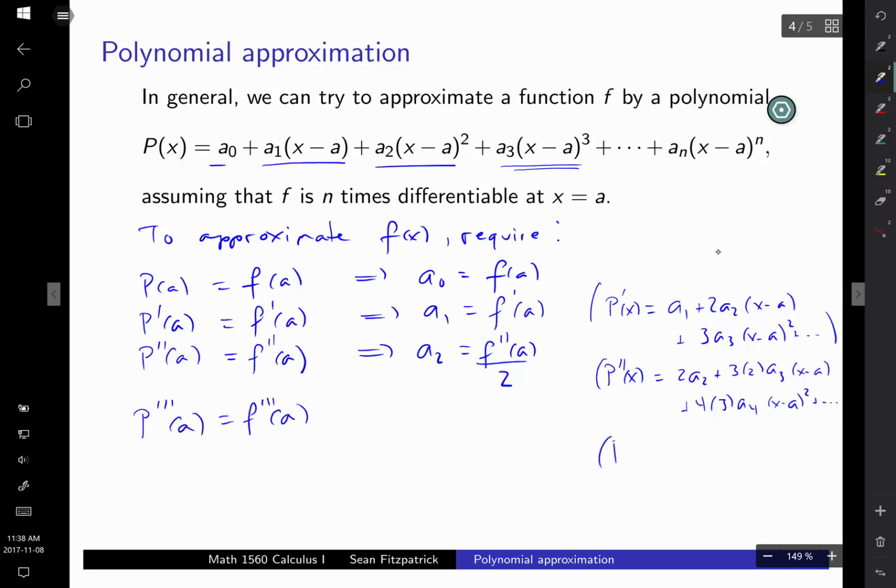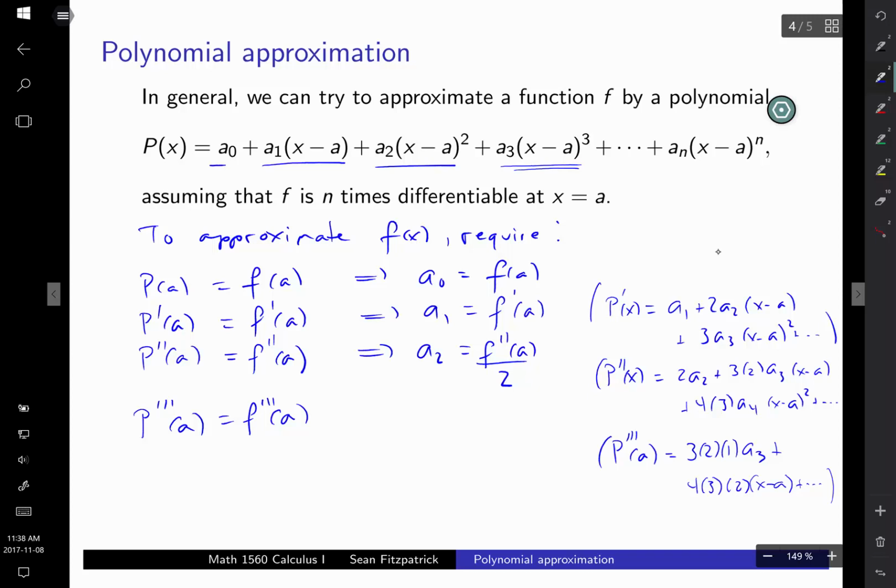And if we calculate p triple prime, we find that we get 3 times 2 times 1 times A3 is the constant now, and then the next term is going to be 4 times 3 times 2 times x minus a, plus other stuff that depends still on x minus a.